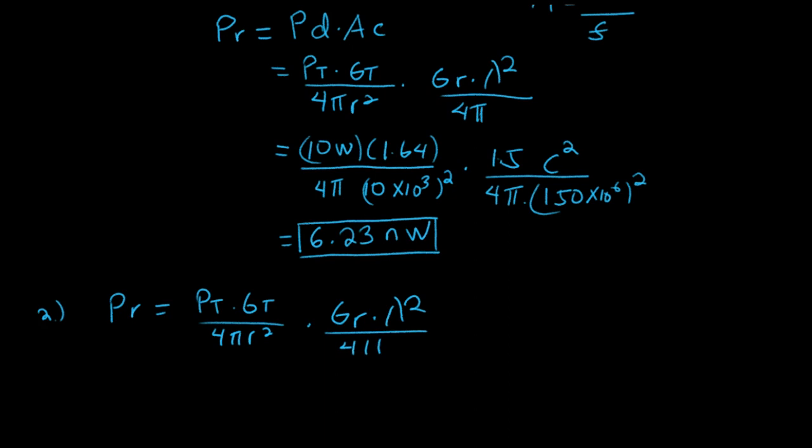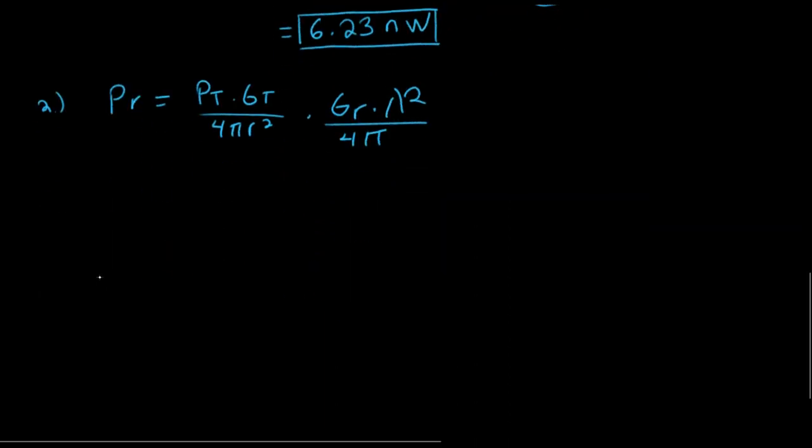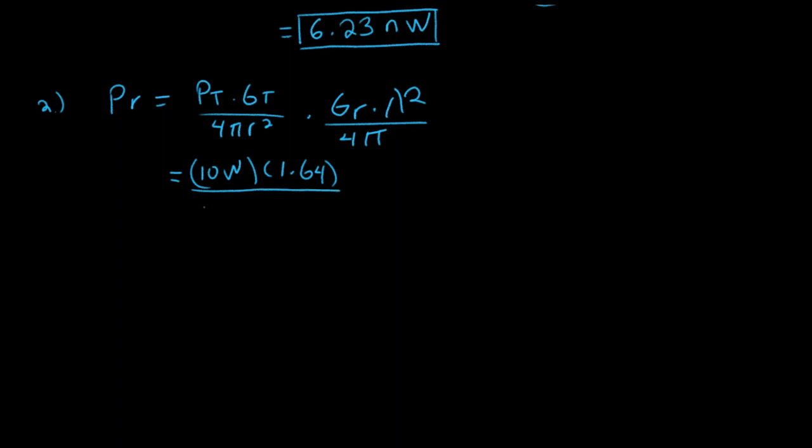4 pi. So, papalitan lang natin yung value ng GR, no? Yung gain ng receiving antenna natin. So, power transmit, ganun pa rin, 10 watts. Gain ng transmitting antenna natin is dipole pa rin naman, no? 1.64 divided by 4 pi, 10 times 10 to the positive 3 squared, 10 kilometers, times gain ng receiving antenna is 1.64 na parehas dipole.